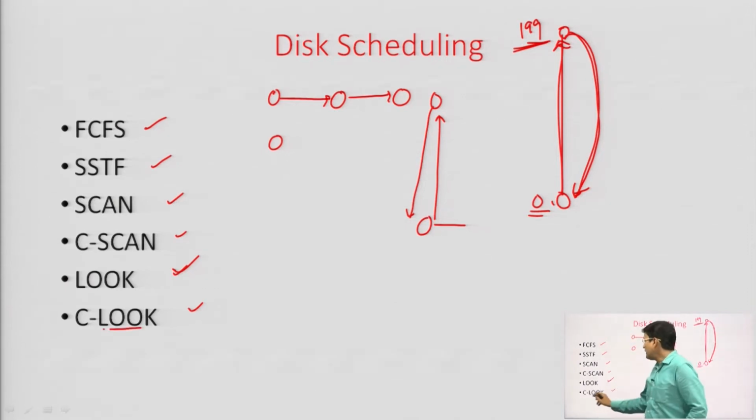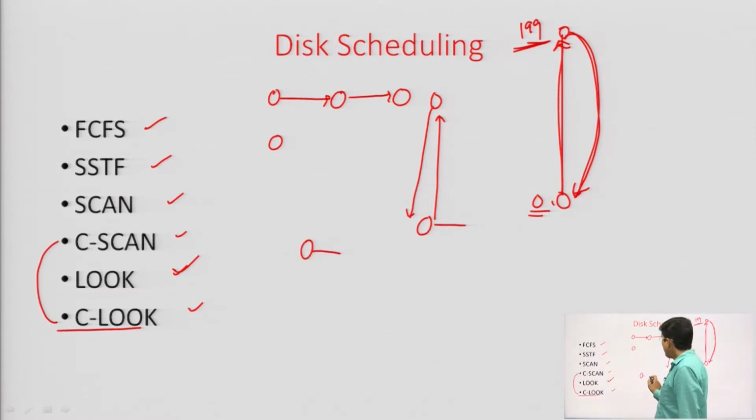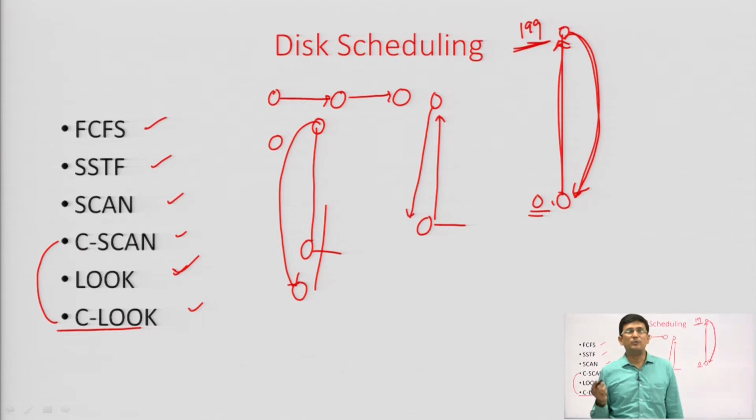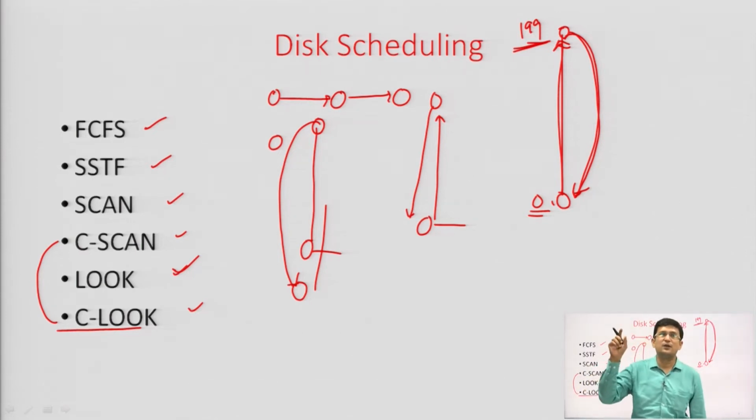Similarly, in the C-LOOK algorithm, which is a variation of the C-SCAN algorithm, while going up from the minimum request to the highest request, we satisfy the requests. Then we come down from the highest request to the lowest request without satisfying the requests, and then we again go up and satisfy the requests. So, the movement of the head is restricted to the highest request and the lowest request, but while moving up we satisfy the requests, and while moving down we do not.